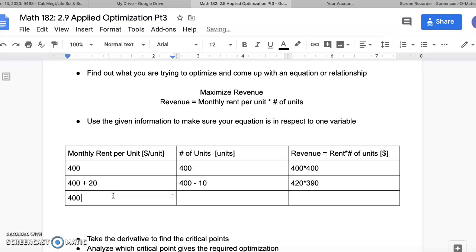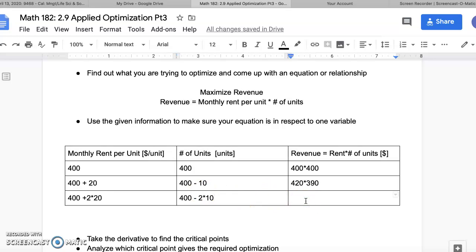Now if I add another $20 to what I already had, that means I'm going to add $40, or 2 of these 20s. So that's what we mean by how many $20 increases we are trying to plan for. Now if I increase another $20, I'm going to lose another group of 10 people. So I'm going to lose 2 groups of 10 people.